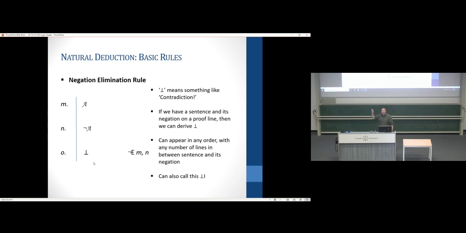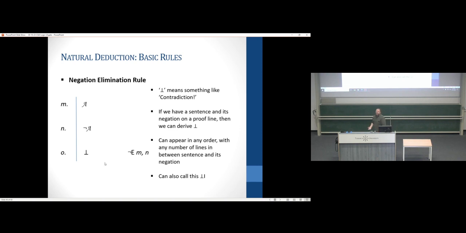Note it has to be on the same line, then you can derive on that line a contradiction. We don't care how you get them, but if you have those two, then on that very line you can introduce an upside down T, a contradiction.